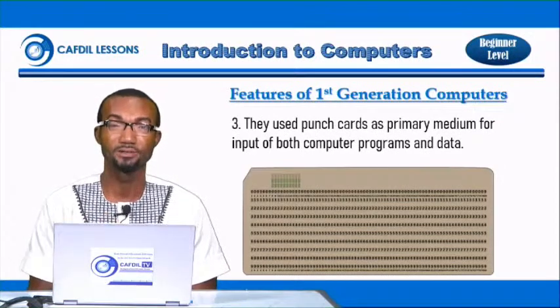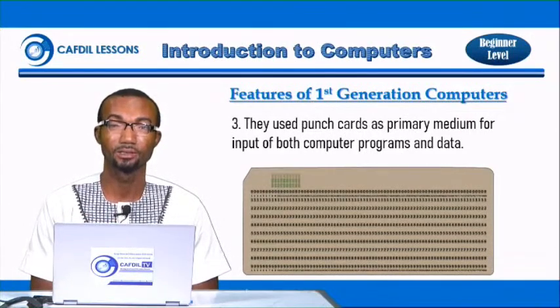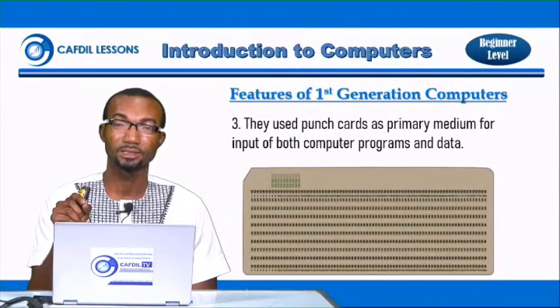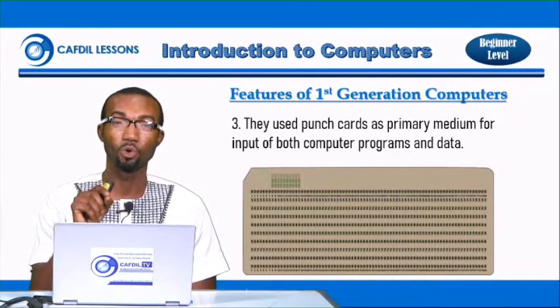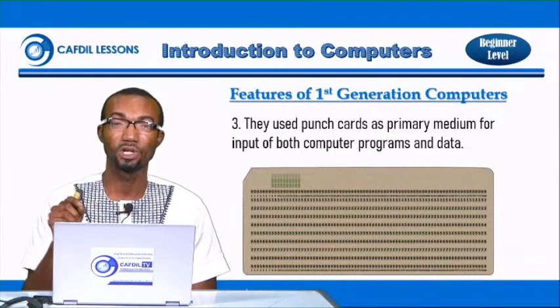And during the first generation, the punch cards were used as the primary medium for input of data and computer programs. If you look at the punch card you see on your screen, it's like a sheet of paper with holes in it, and numbers are attached to the holes.